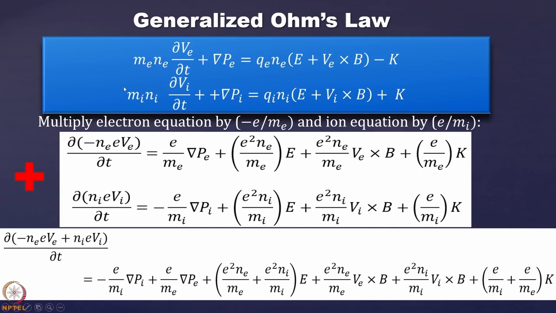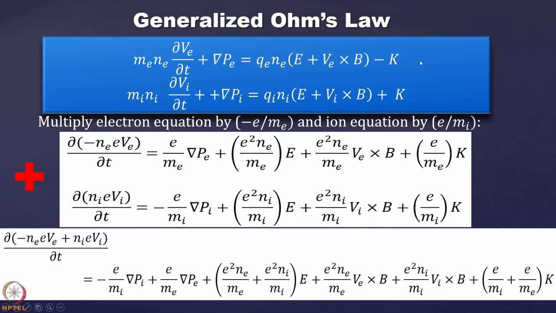The electron momentum equation goes like this, and the ion momentum equation goes like this. It has m_e n_e ∂V/∂t plus grad p_e equal to q_e n_e (E plus V cross B). This is the Lorentz force term, this is the collisional term, this is the pressure gradient term, and this is the unsteady term. Similarly, for the ions, you have m_i n_i ∂V_i/∂t plus grad p_i equal to, again the Lorentz force term, and the collisional term.